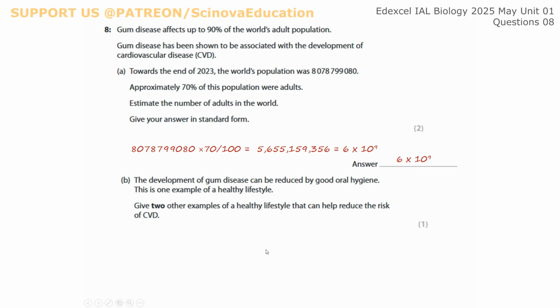The development of gum disease can be reduced by good oral hygiene. This is one example of a healthy lifestyle. Give two other examples of a healthy lifestyle that can help reduce the risk of CVD. In your classes, you have learned a lot of risk factors and modifications of lifestyle associated with CVD.